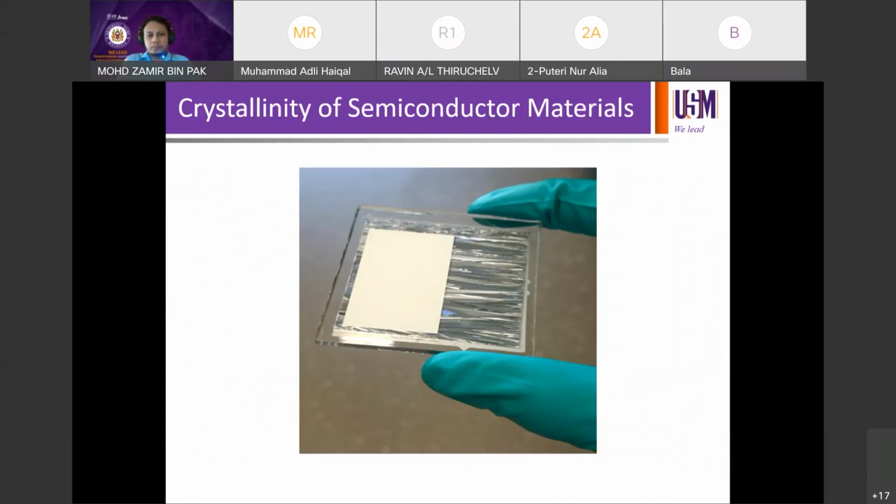Yes, doctor. Thank you. All right, so before we move on, let's just recap on what we learned yesterday. So we stopped at crystallinity of materials, right? Let's recall how many types of crystallinity we have for the materials.